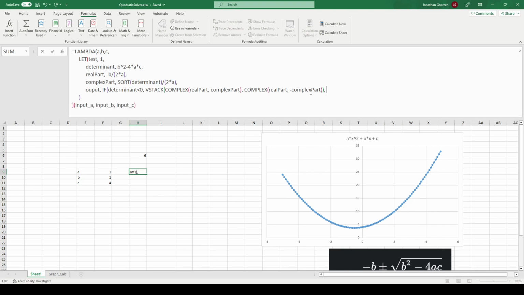Okay, great, that's good. I'm going to do the same thing again for the real roots and say v-stack, but this time all I need is the real part plus the complex part and the real part minus the complex part.